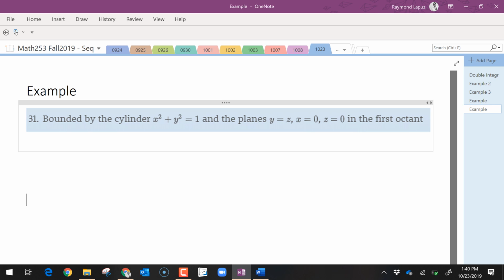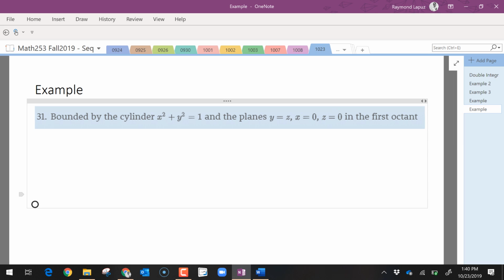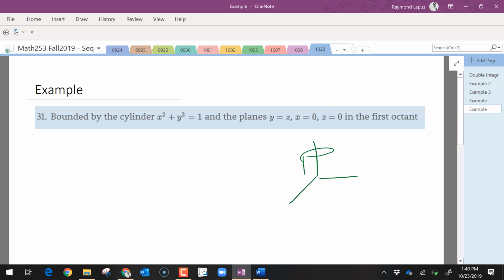Let's see how this thing looks like. I feel like just going to CalcPlot 3D. Now let's see if we can figure this out. So I'll start off with a cylinder. The plane x is equal to 0 and z is equal to 0. Z is equal to 0 is on the xy plane. So that gets cut off right here. X is equal to 0 is on the yz plane. So that gets cut off here.